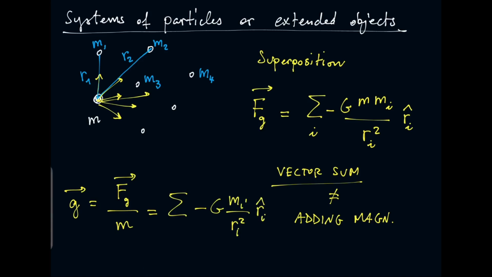And as you can see, the mass m doesn't appear in this expression. So any object that I put inside this configuration of masses will experience the same acceleration, which is really a fantastic result.